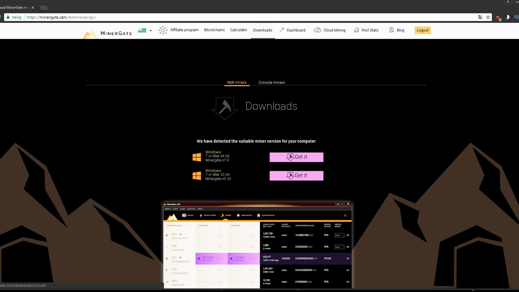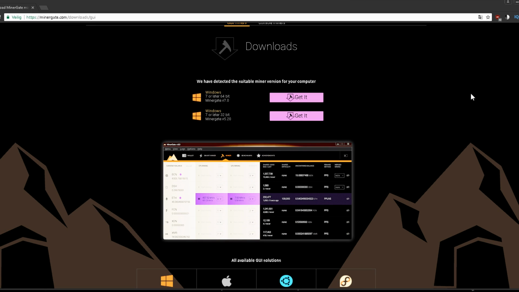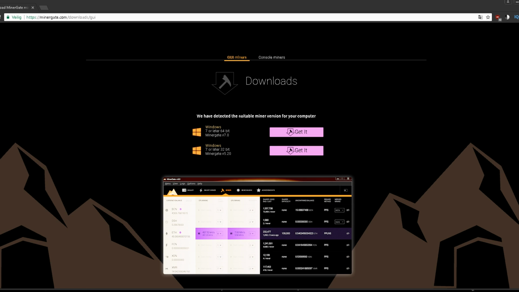So there are the console miners, and this is the GUI miners, so basically the graphic interface for beginners, people starting with mining. This is a great way to start and see if something is working.